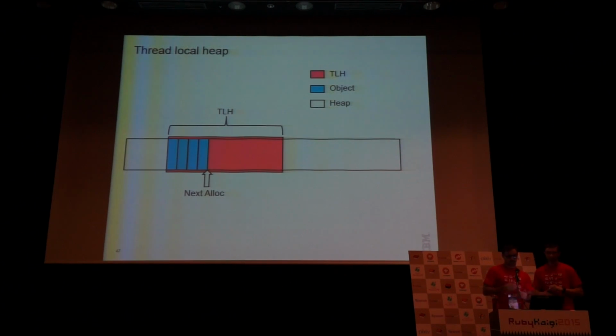The idea here is that inside of a TLH, a thread is going to be allocating its objects from the left towards the right. By giving a thread exclusive ownership over this region, that thread is going to be able to get away with tracking very little global state. As we allocate left to right, we can see exactly how little state we're really tracking.